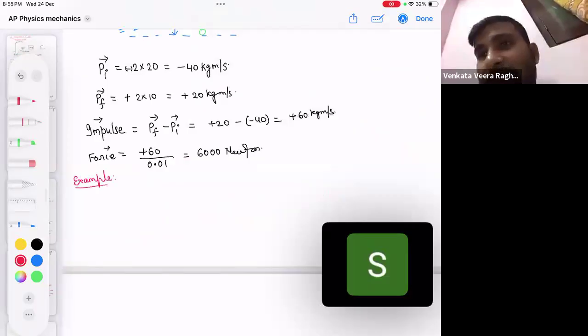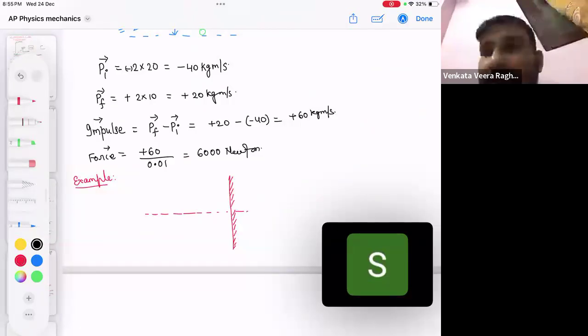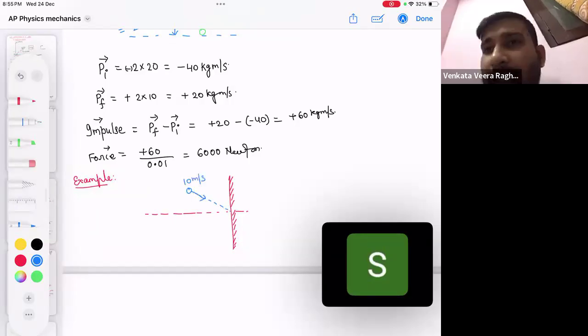The question gave something like this: a wall is there in front of us, and this is the line. The question says a particle is going to move with what velocity? 10 meter per second at an angle of 30 degree.